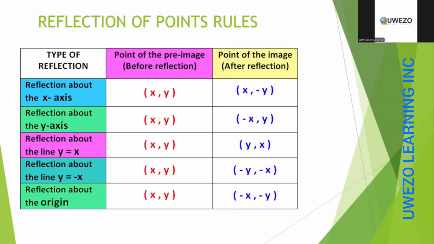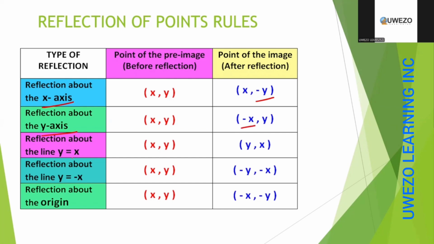For reflection of graphs, all we need to do is remember this table and switch the x and y coordinates accordingly. So whenever there is a reflection about x-axis, we simply change the sign of the y-coordinate. Similarly, if there is a reflection about y-axis, then we change the sign of the x-coordinate.